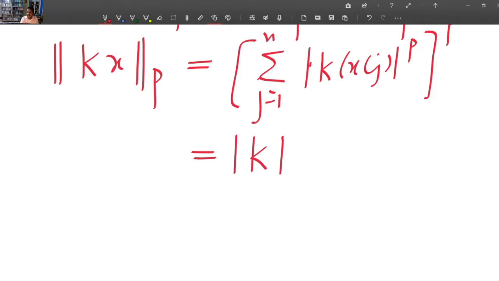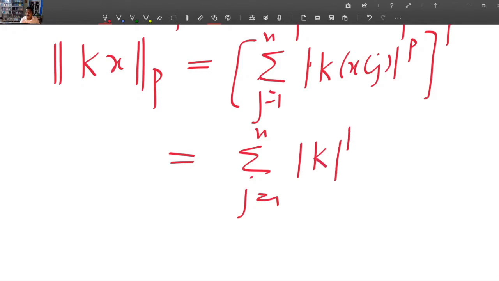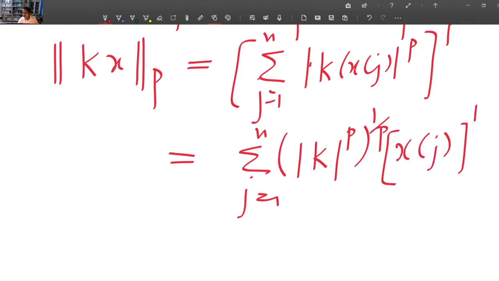We can expand a little bit more. This is equal to sigma j is equal to 1 to n of modulus of k raised to p into modulus of x of j raised to p, all raised to 1 by p.